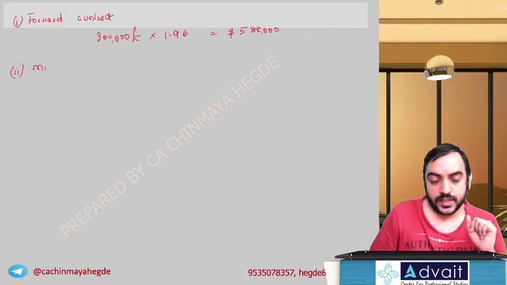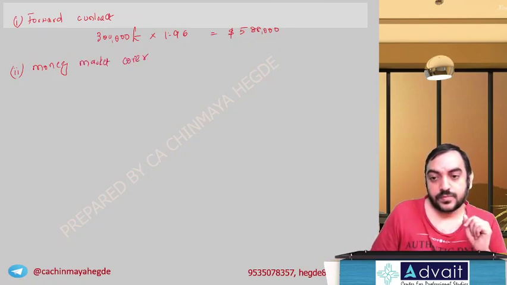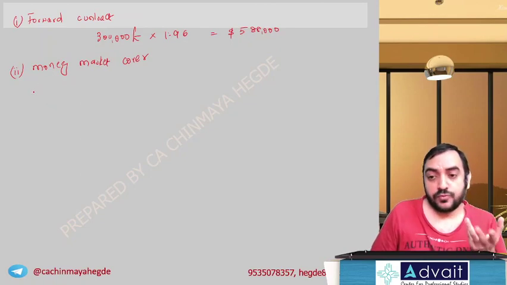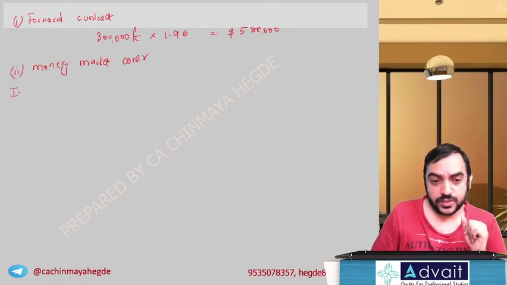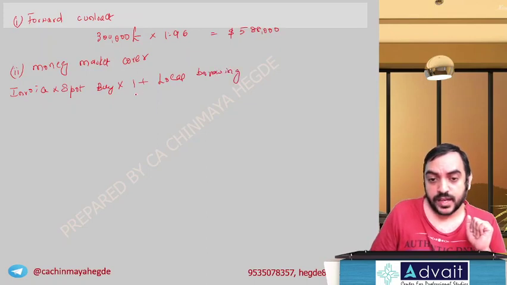Then money market cover. The formula I will write first: invoice amount into spot buy for importer, divided by 1 plus local, and for importer it's going to be borrowing first, and divided by 1 plus foreign deposit.